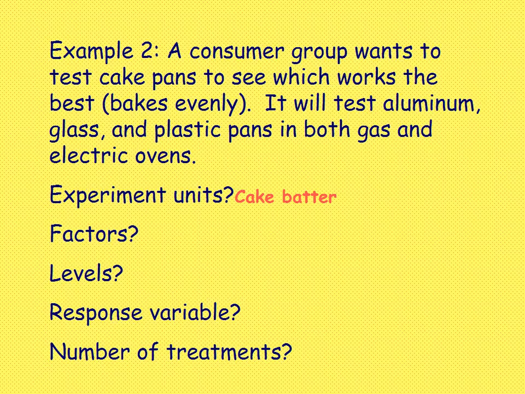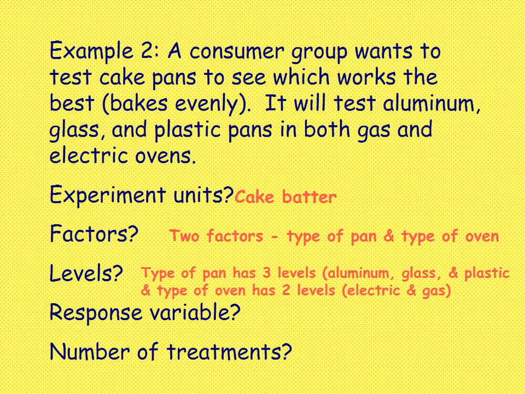What are the factors? Okay, and there's two. Type of pan, type of oven. What are the levels? 3 levels of pan, 2 levels of oven. Okay, so what's the response variable? Okay, the evenness of the baking. Number of treatments, 6. Levels times factors gives us the number of treatments that are being imposed in the experiment.